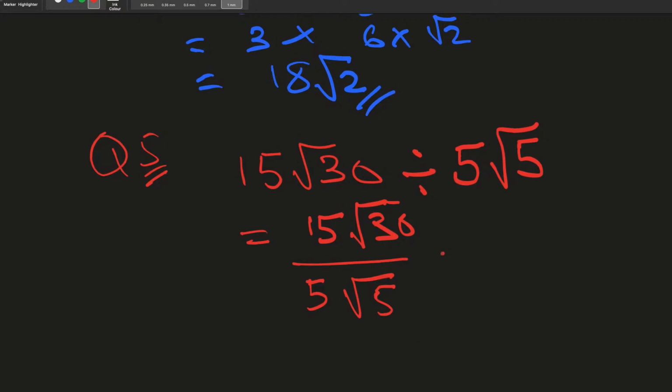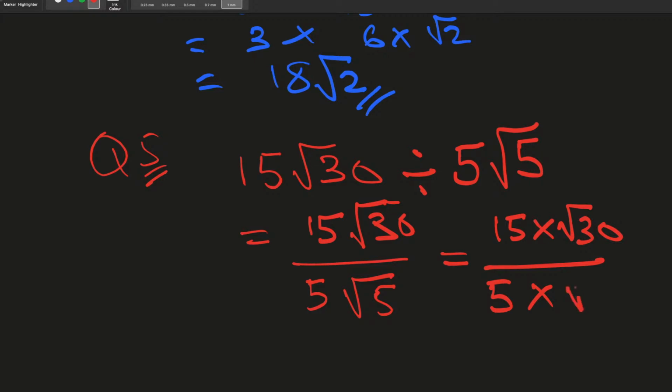We can further expand this: 15 is multiplied by the square root of 30, and 5 is multiplied by the square root of 5. You see they are multiplying.